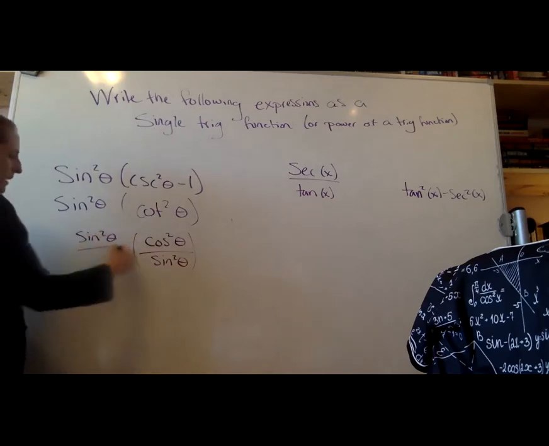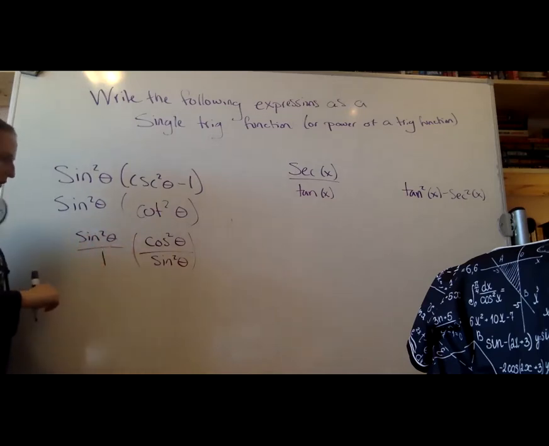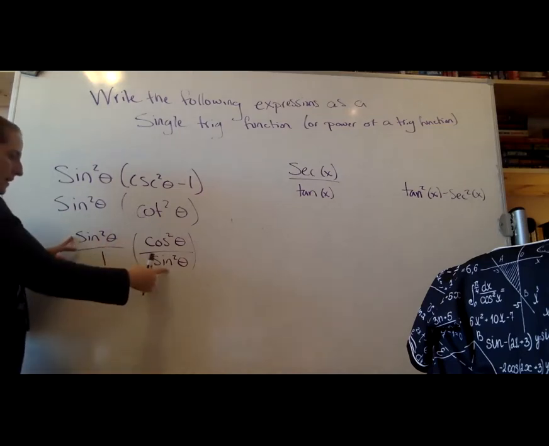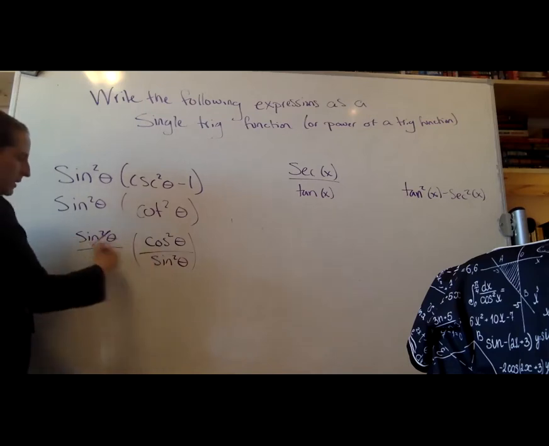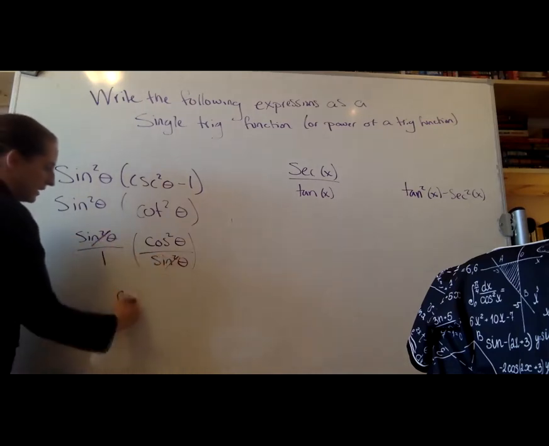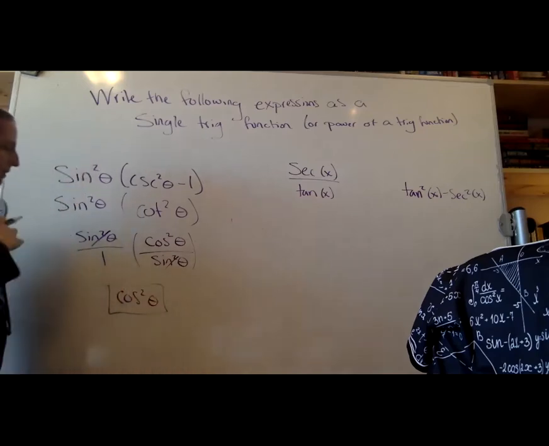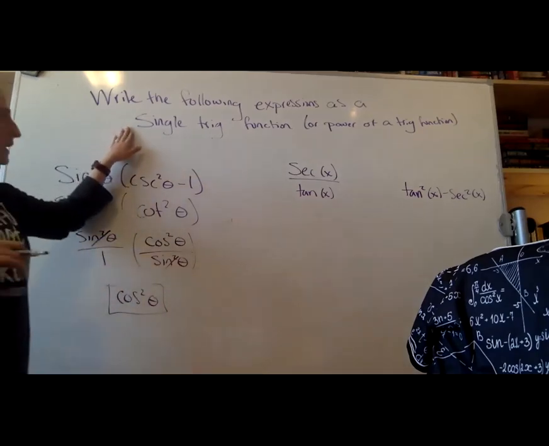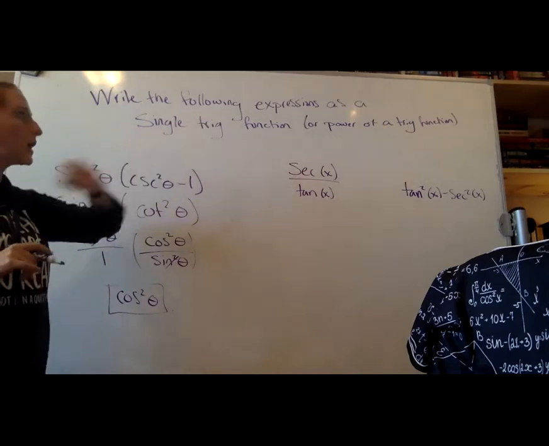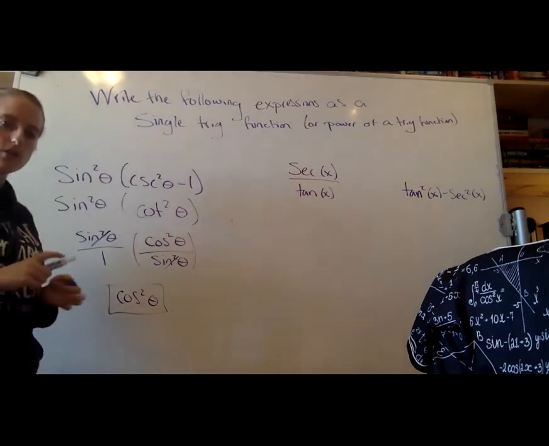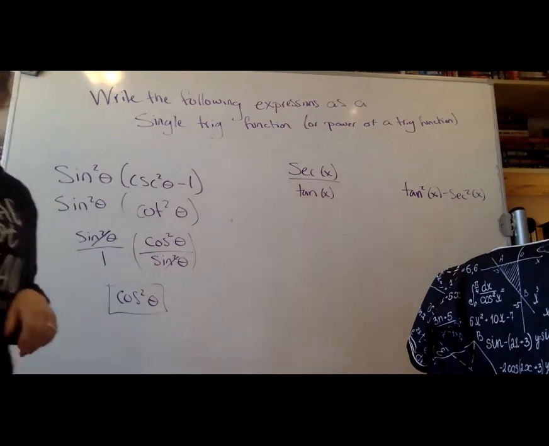If it helps, you may think of sine squared as sine squared over 1. Now we're going to look for cancellation. Notice that I've got sine squared on top and sine squared on the bottom. Those cancel, leaving me with just cosine squared theta. And that meets what we needed here, a single trig function or a power of a trig function. This is a power of a trig function.